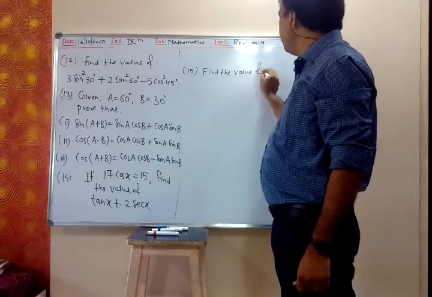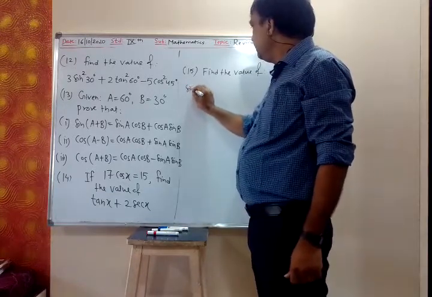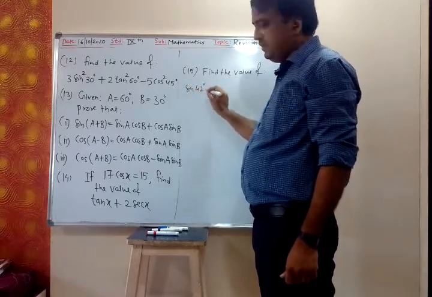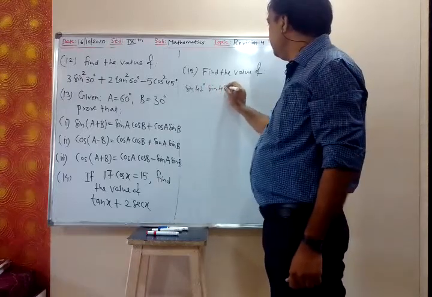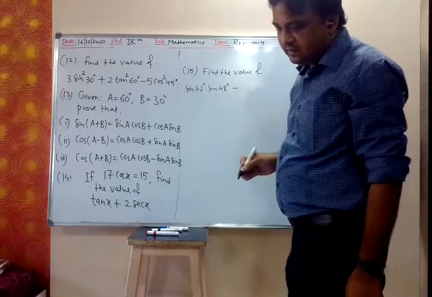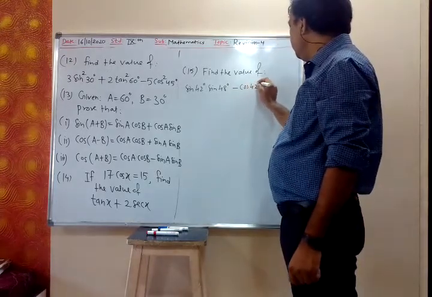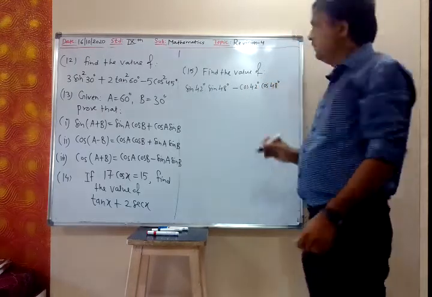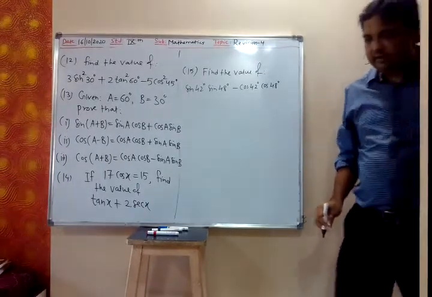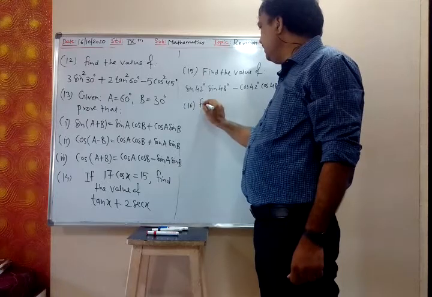Find the value of sin 42 degree into sin 48 degree minus cos 42 degree into cos 48 degree.